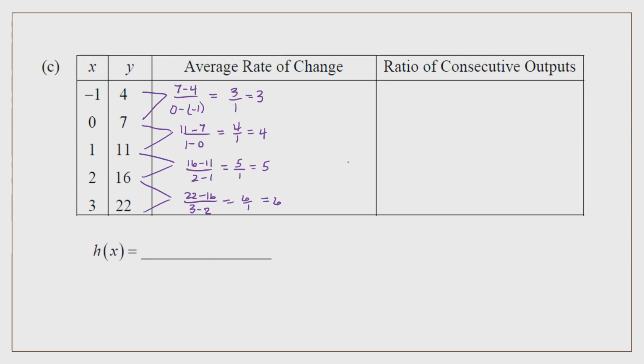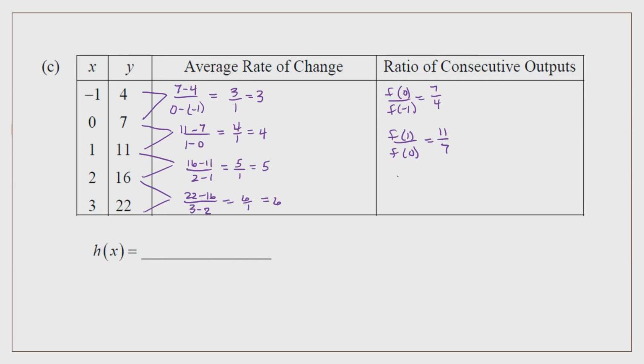So my average rate of change values are not the same, so it's not linear. Now we do the ratios. So we'll start with f of 0 divided by f of -1, and the y's are 7 and 4. Then f of 1 over f of 0, and the y values are 11 and 7.